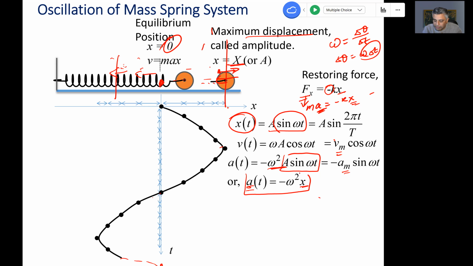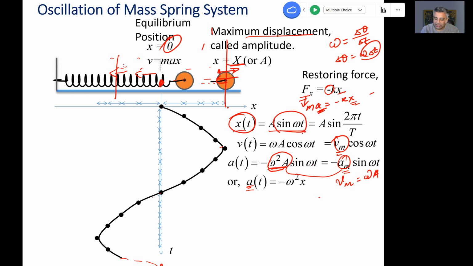This is a very famous equation of oscillation that relates position and acceleration, okay? Another famous equation, v_m is omega times A, and you find that in the equation sheet as well. Similarly, a max is omega squared times A. That's another famous equation, okay?